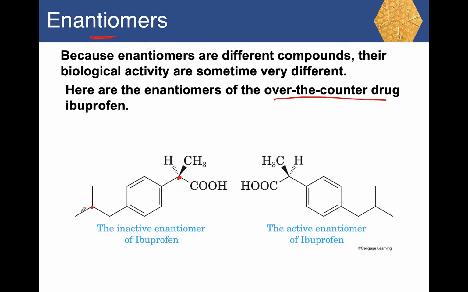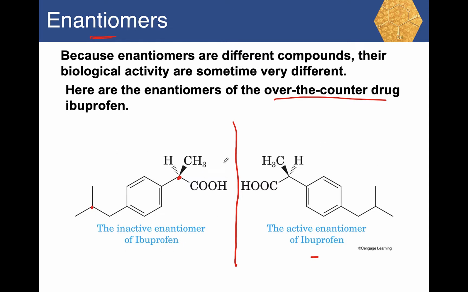So that's not a chiral or a stereogenic center. Here is the stereogenic center. So therefore its mirror image, if you were to put a mirror right here, its mirror image is here. So this molecule here is different from this molecule here.